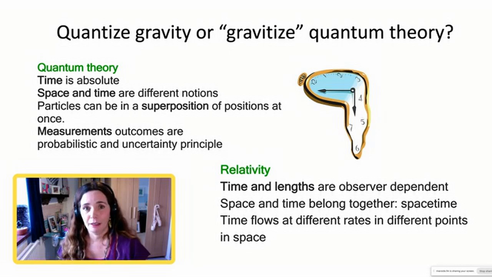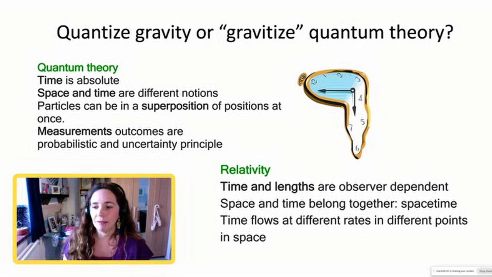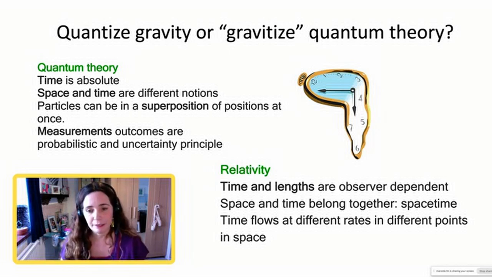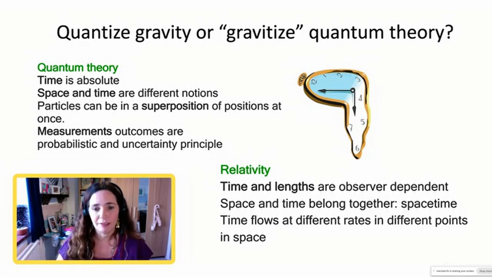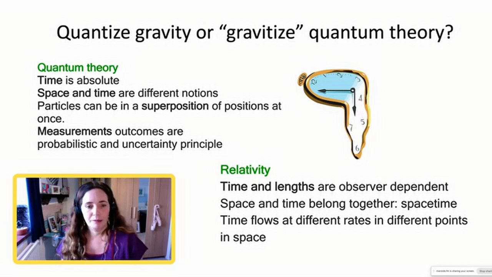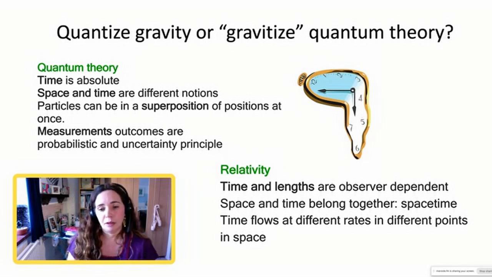So already there you can see that in relativity you have to treat space and time on an equal footing. So if in your equations you have a second derivative in space, you should also have a second derivative in time. So you can already see how that is incompatible with quantum theory. And so a little bit also the question of time is at the heart of our difficulties to unify the theories.